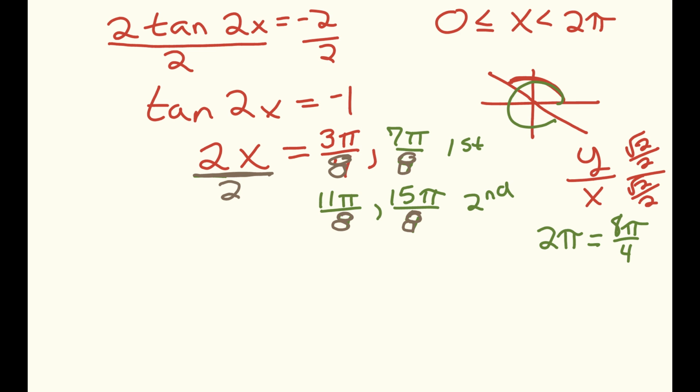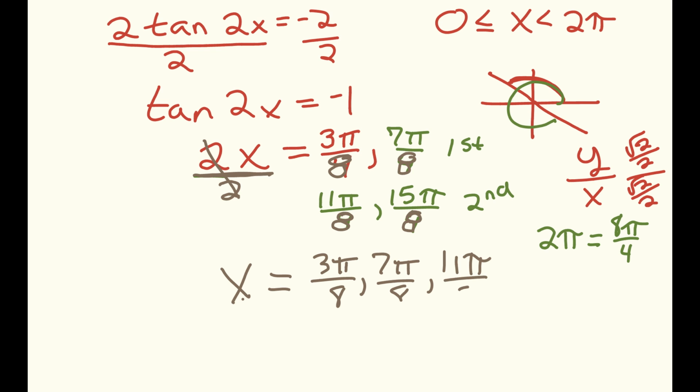Now you want to check and make sure you can't reduce any of these fractions. So 3/8, 7/8, 11/8, nothing can be reduced. So x equals 3 pi over 8, 7 pi over 8, 11 pi over 8, and 15 pi over 8.